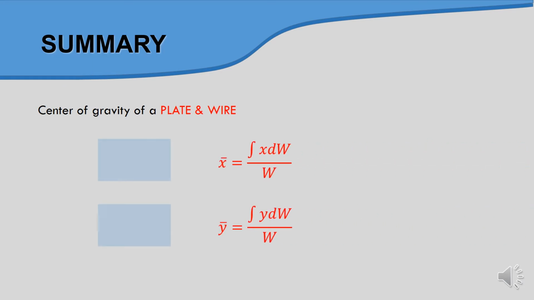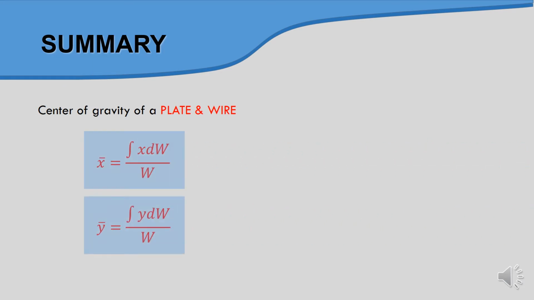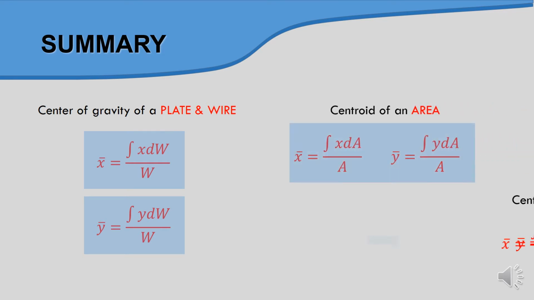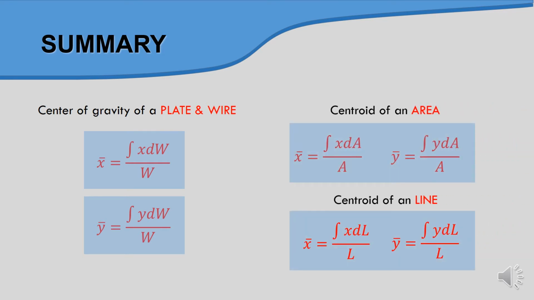If we compare the three equations, they are slightly the same but different in terms of W. If you want to use the centroid of an area, just change the W to A; for the centroid of a line, change the W to L.